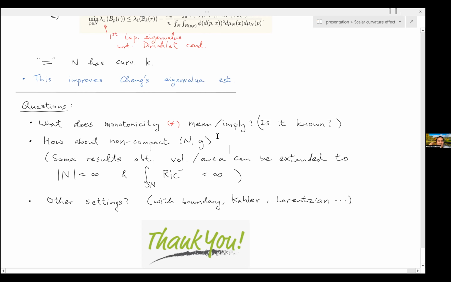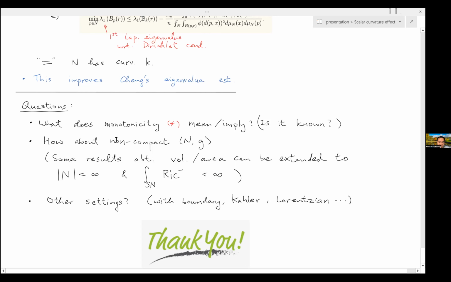Actually, I can relax it to the setting where the volume is finite, and the negative part of the Ricci curvature is finite, then we can also do something. I mentioned it here. If the negative part of the Ricci curvature on the unit tangent bundle is finite, and the volume is finite, then I can still make use of Fubini's theorem and carry out the same proof.